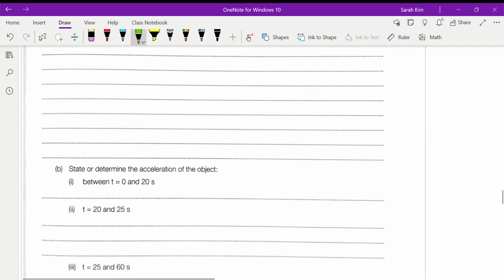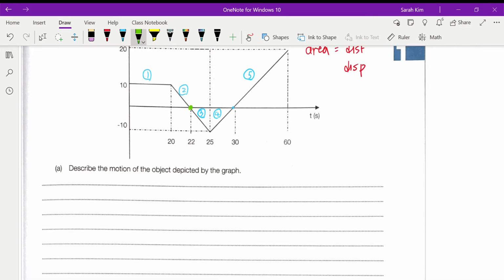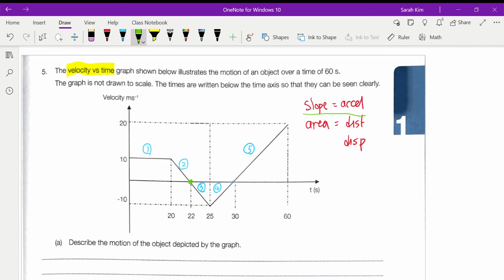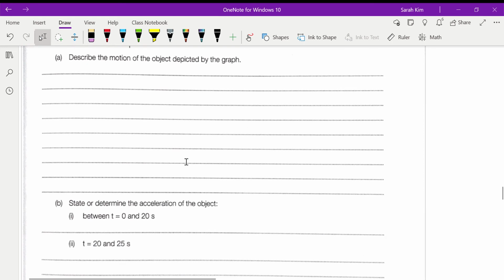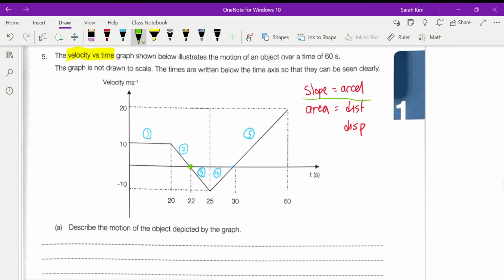B, state or determine the acceleration of the object between t equals 0 and 20 seconds. So that's section 1. We've got to figure out the acceleration, and I've already stated that it's the slope. Hopefully you can see that the slope is 0. Or I should really write a is 0 meters per second squared, because that's what it means. t is 20 to 25, so that is this whole section over here.